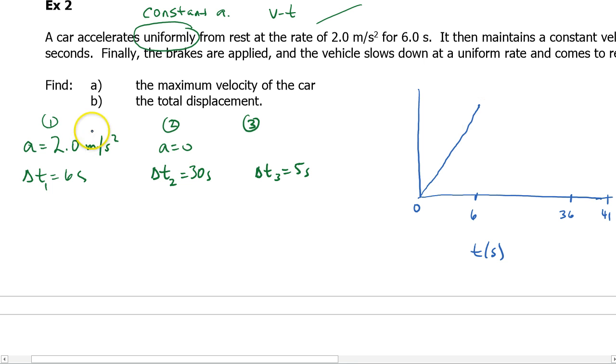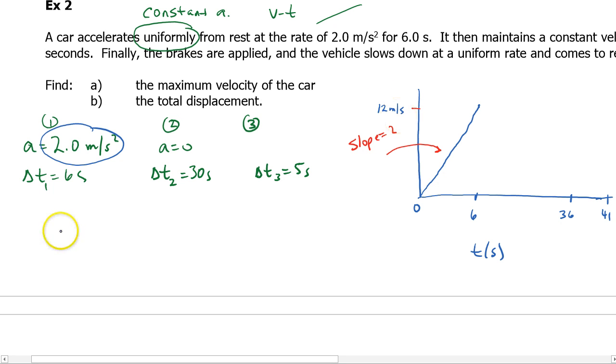So this 2 here means that this is the slope, right? I'll put a little note here. Slope equals 2. Okay, so if it rises 2 meters per second every second, then what will this value be up here? At the end of 6 seconds, it'll have gone up to 12 meters per second.